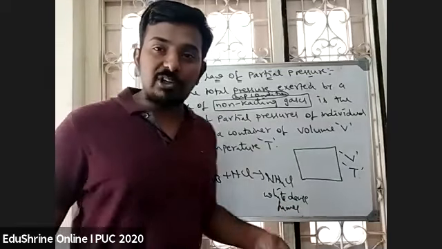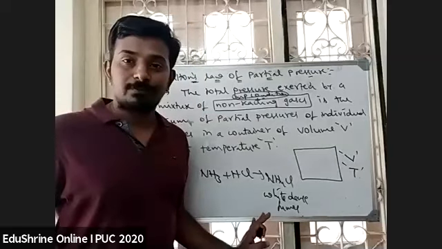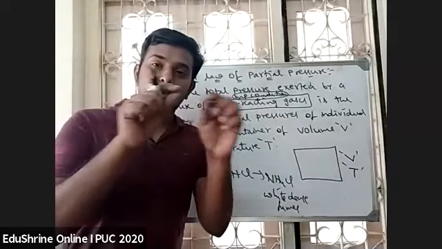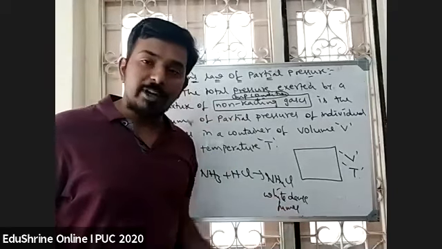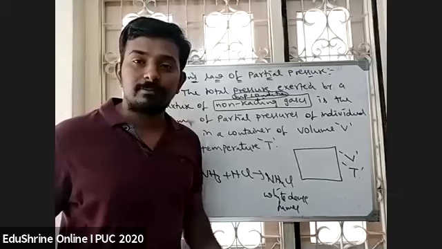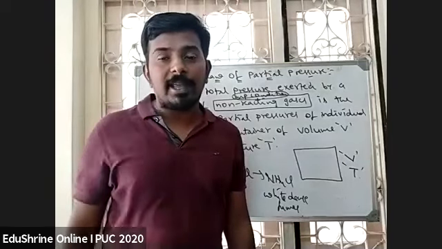If your school has a laboratory, you must have done this. From one end of the tube pass ammonia, from the other end pass HCl, and in the middle ammonium chloride is formed. So this is reactive at ordinary conditions, and you cannot apply Dalton's law here.